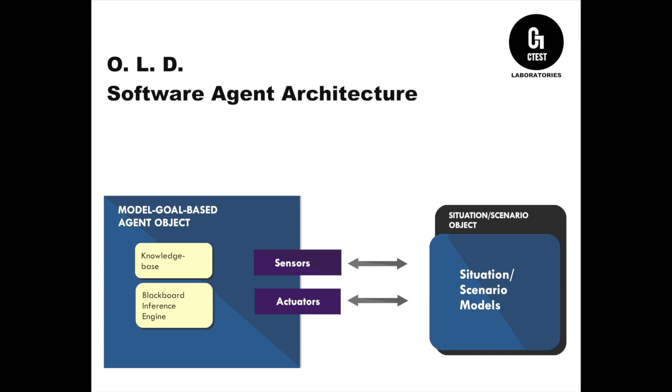So here's our architecture at the highest level. You have an agent and you have a situation. That agent interacts with that situation through sensors and through actuators. Okay, so that's what's going on. If I were to try to explain at the highest level what our software looks like, this would be that. We'd have a main function.